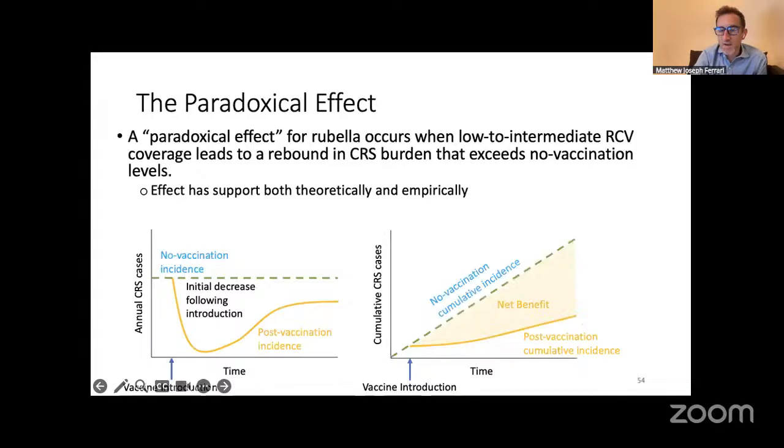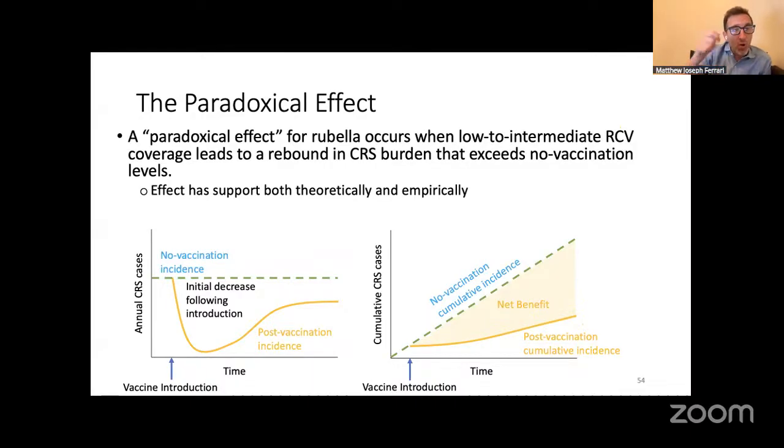the case of rubella, where what's being shown here on this axis is not the prevalence or incidence of rubella infection. What's being shown here is the incidence of CRS, right?